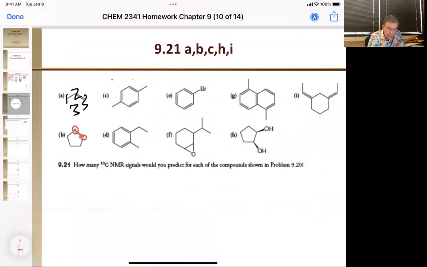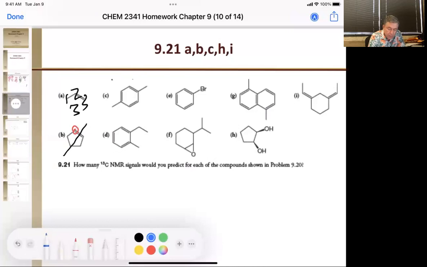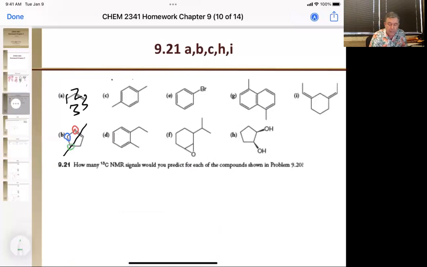Now those are going to be the same, remember, because they're symmetrical. We have symmetry in this molecule, so we need to think about that right there. We have this one, and then this one here is unique. So we're going to have 3 signals for that one.